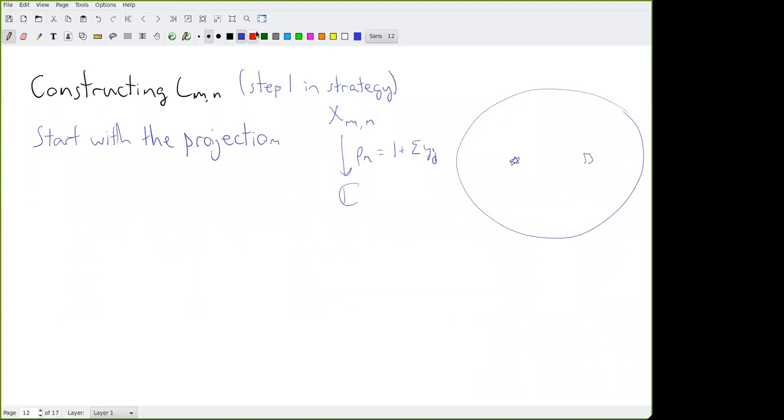And remember that the singular Lagrangian that we want philosophically looks like this.